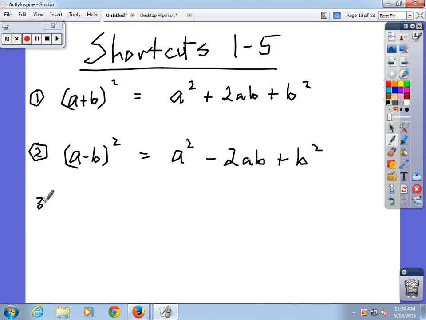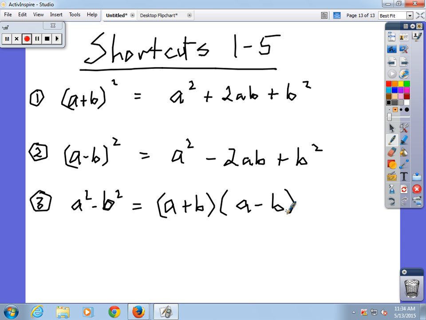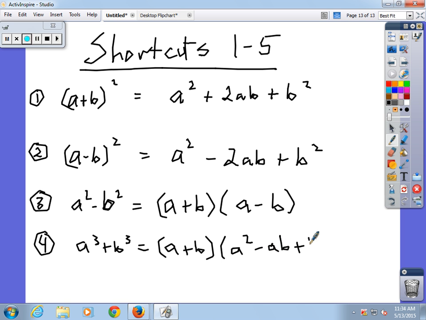3. Difference of 2 squares. A squared minus B squared is equal to A plus B times A minus B. And then you got your cubes. We aren't going to use them very much at first. A cubed plus B cubed is equal to A plus B times A squared minus AB plus B squared.